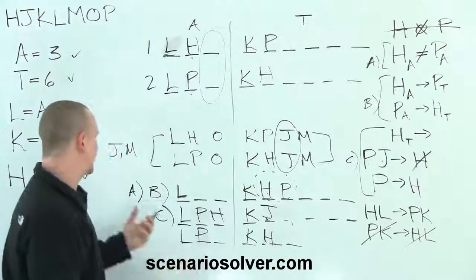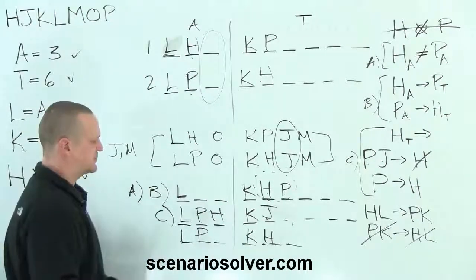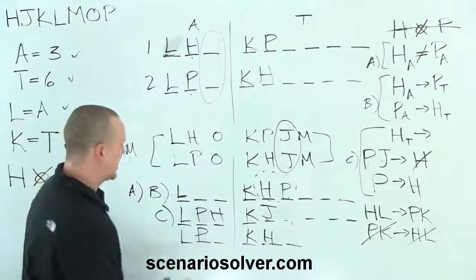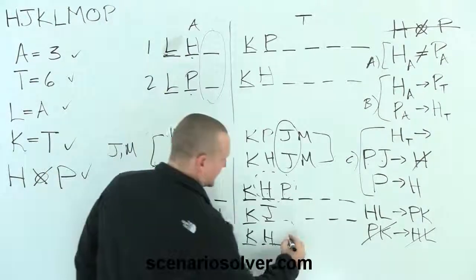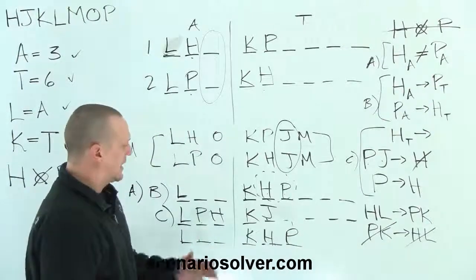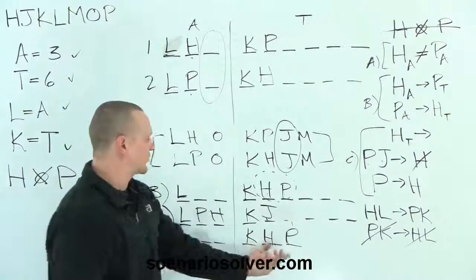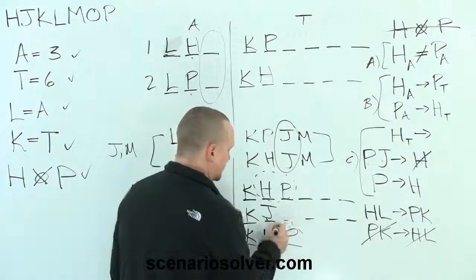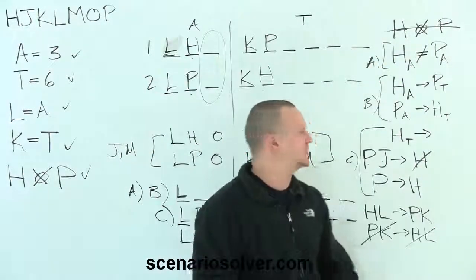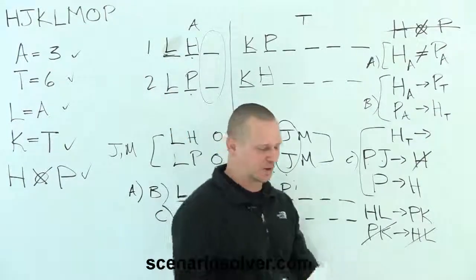So this rule has the effect of both A and B. It's basically that P and H cannot occur in the appellate court together, but there's no rule that says that this can't happen right here. So since that's the case, it doesn't foreclose on the opportunity for P and H to be together in the trial court. It doesn't have the same effect as H not being able to occur with P.